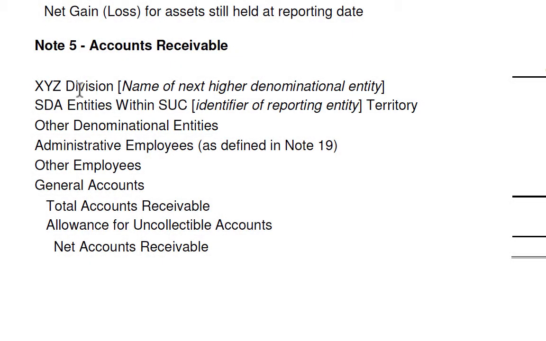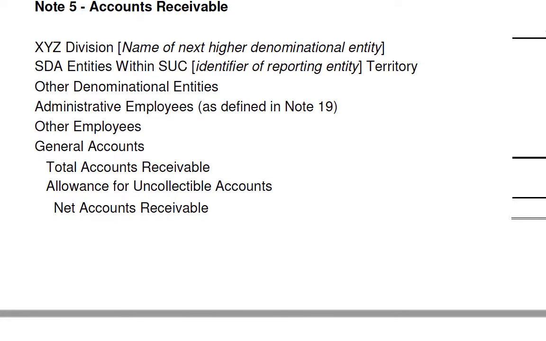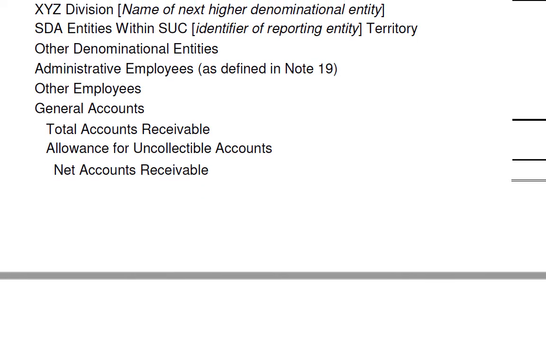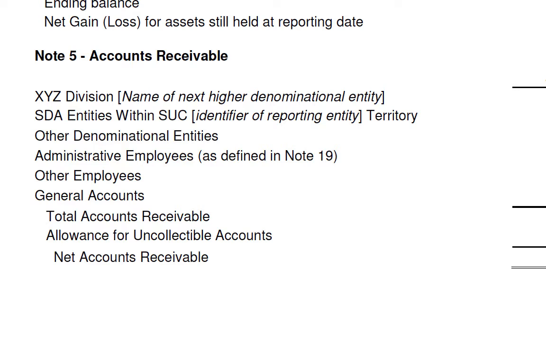These two groups, the organization above and the organizations below, are related parties, and they have to be shown separately. The same thing is true with loans receivable, not just accounts receivable. They have to be separated out in the same categories.